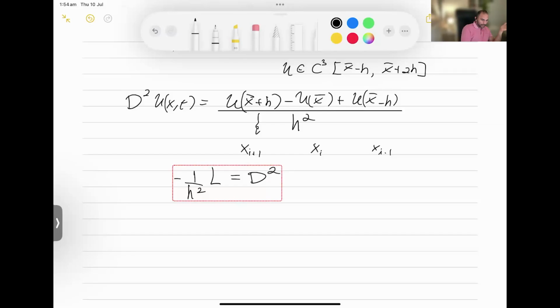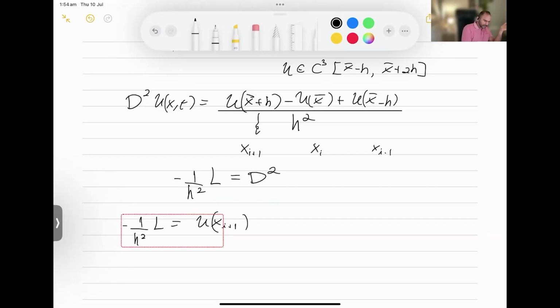At the end of the day, I have H squared, as I said, in terms of these grid points that I define. So the values of the function that I know are just the values of the function at specific given grid points, and I can use them to define operators.